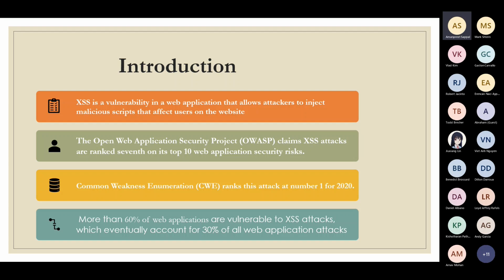The Open Web Application Security Project claims XSS attacks are ranked 7th on its top 10 web application security risks. Additionally, Common Weakness Enumeration ranks this attack at number 1 for 2020. Based on recent studies, more than 60% of web applications are vulnerable to XSS attacks, which eventually account for 30% of all web application attacks.